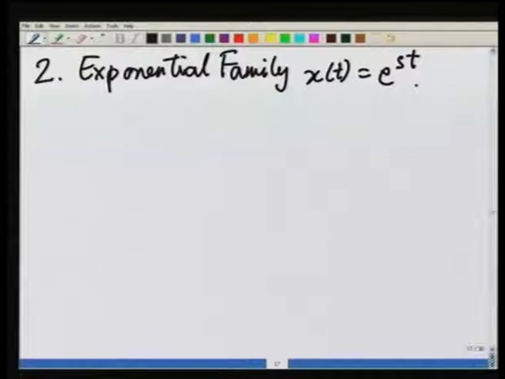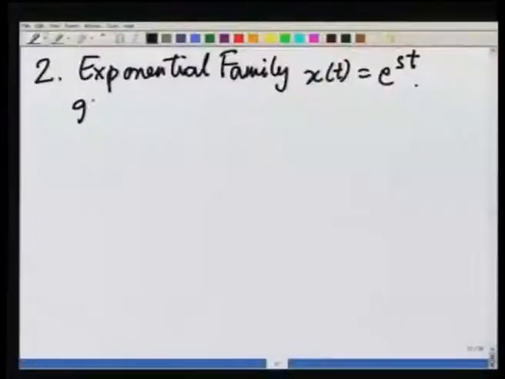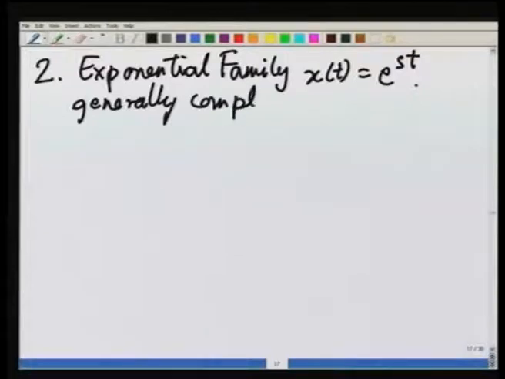This is probably also the first time in this course that we are seriously beginning to discuss signals which are complex valued. Now, the exponential family is generally complex valued, though there are some instances, certain conditions, under which the exponential family will be real valued.